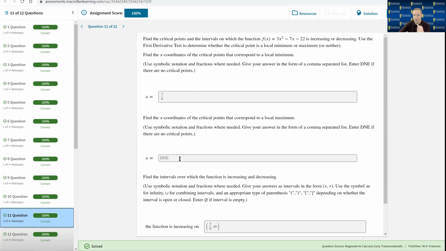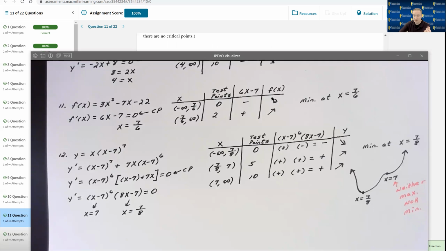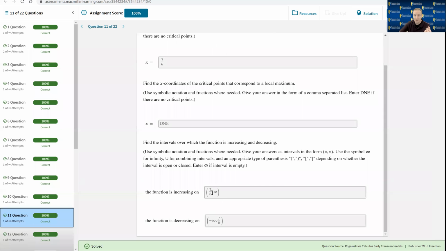There was no critical point that was a maximum in this problem. And then it wants the intervals of increasing, decreasing. You can get that by just looking at your first derivative chart. Clearly, it's decreasing from negative infinity to 7 over 6. It's increasing from 7 over 6 to infinity. And that's all I put there.